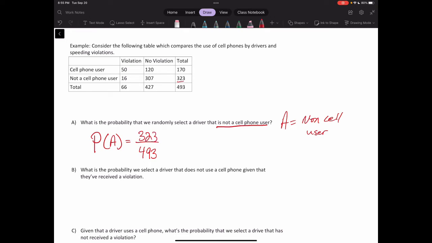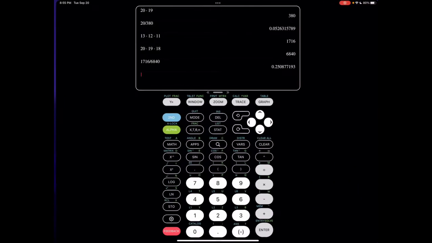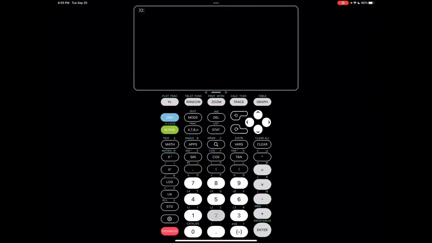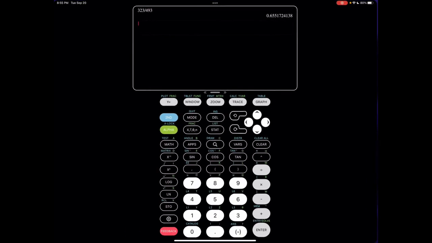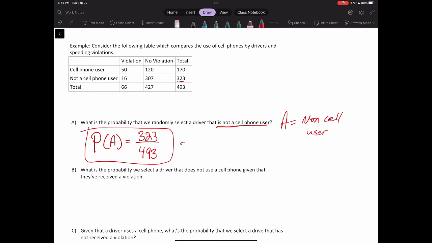So the probability that we select a person that's not a cell phone user is 323 out of 493. If you want to convert that to a decimal, we just take 323 divided by 493 to 3 decimal places. We get 0.655. So a little over 65% chance that we select a person that is not a cell phone user, which seems really high if this is a modern day survey.